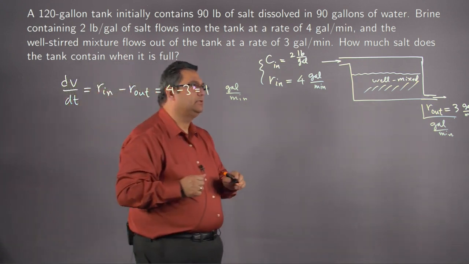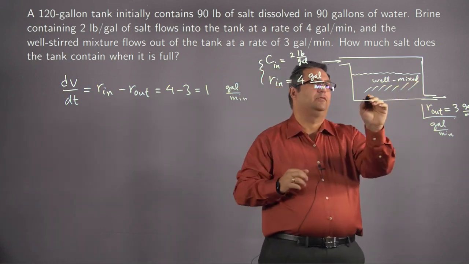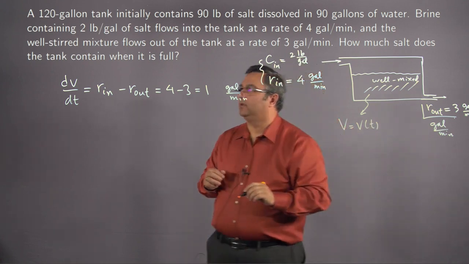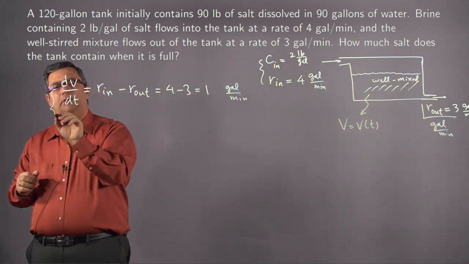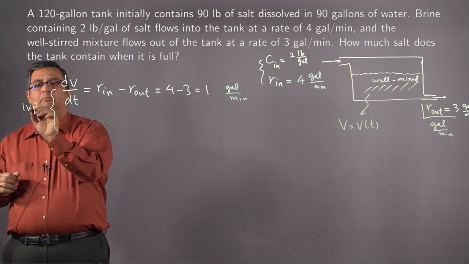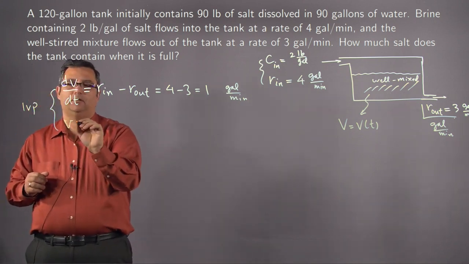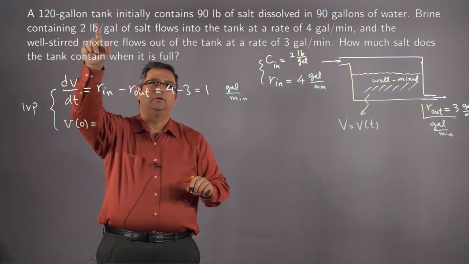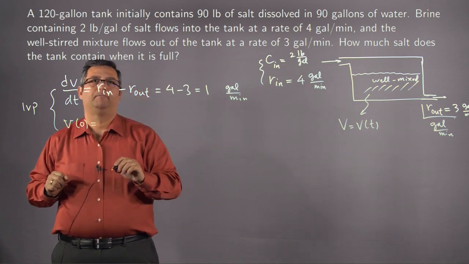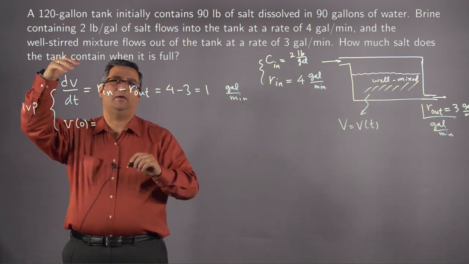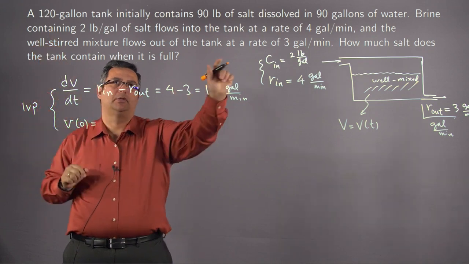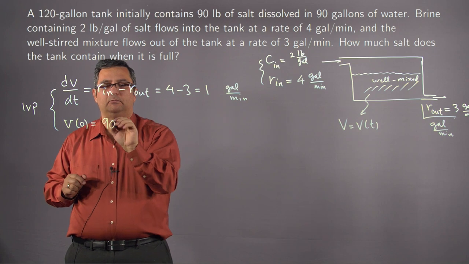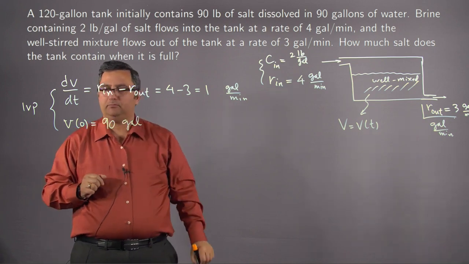So V is the instantaneous volume of the mixture. This turns into an initial value problem because initially at time 0, the tank capacity is 120 gallons, but the initial amount is 90 gallons.